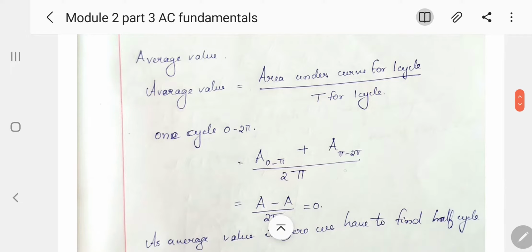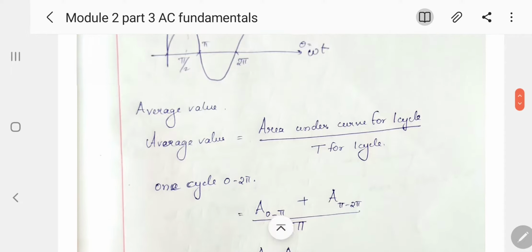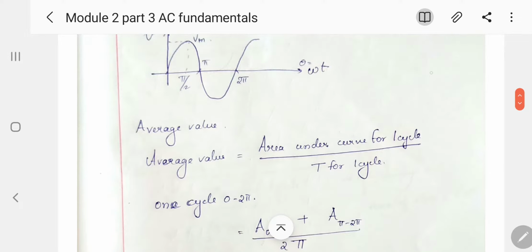Next, we are going to find the area under the curve from 0 till 2 pi. Now look at this waveform. Here you can see that this waveform consists of two areas. One is from 0 till pi, and the second one is from pi to 2 pi. And there is another peculiarity of this area, which I'll mention soon.